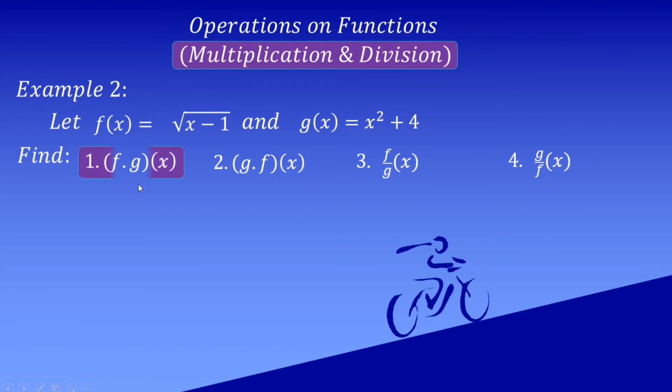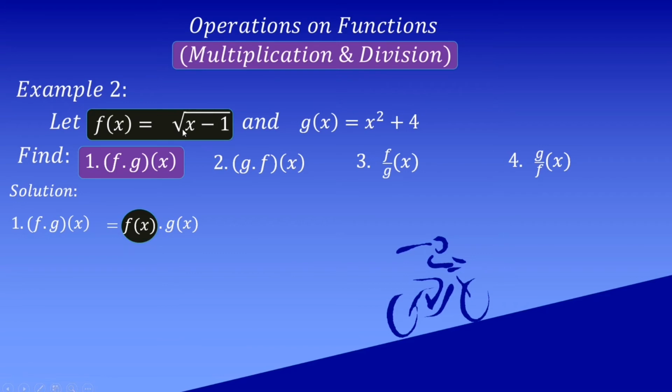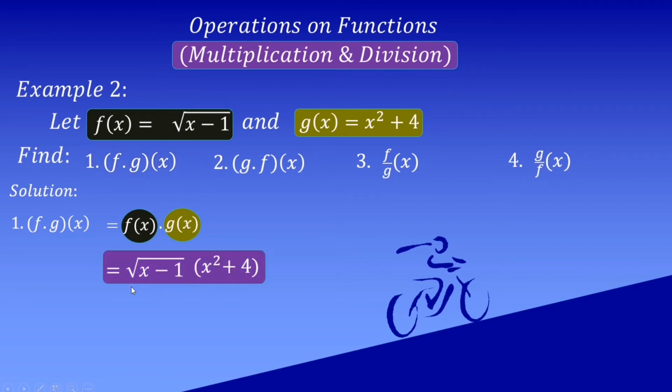Let us take first the product of f and g of x, which is equal to f of x multiplied by g of x. Our f of x is the square root of x minus 1, and our g of x is x squared plus 4. So we have the square root of x minus 1 multiplied by the quantity x squared plus 4. That is the product of f and g.